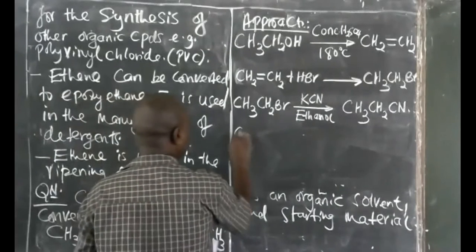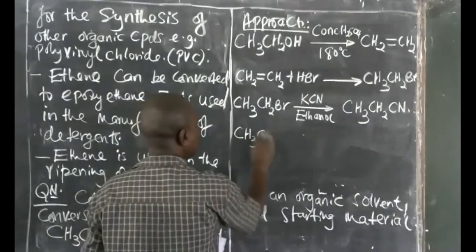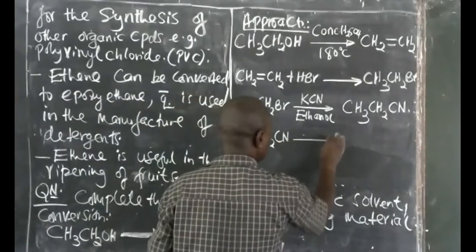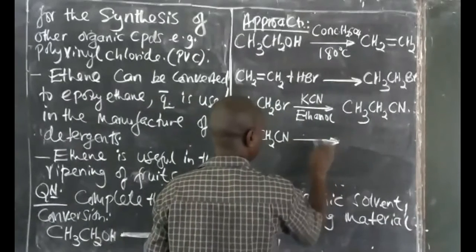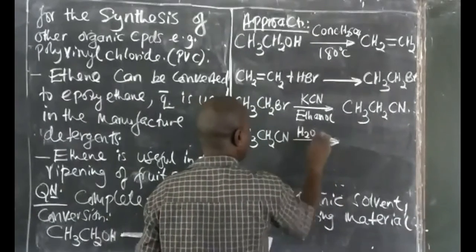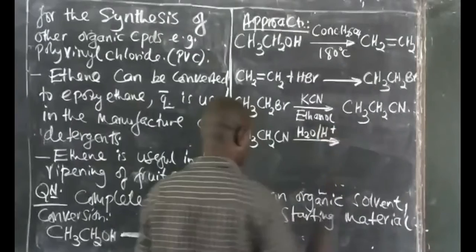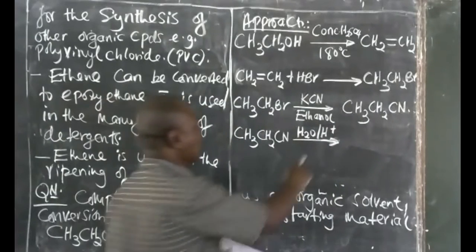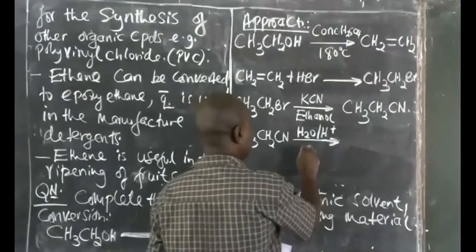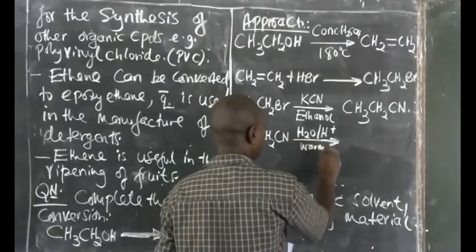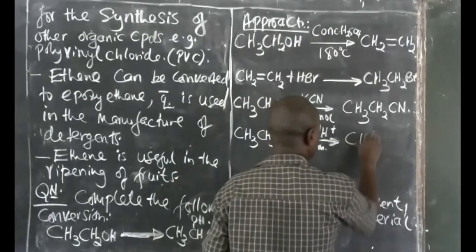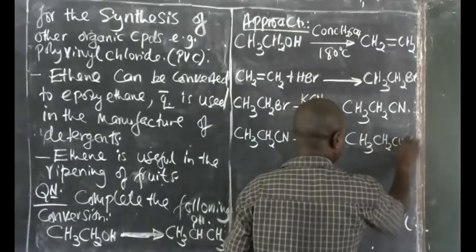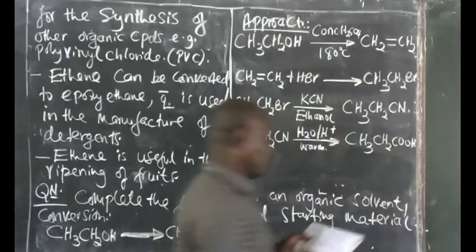So we can now change CH3CH2CN, we add water in the presence of H plus, that's what? Acid. And then you can say warm. We are going to get the carboxylic acid, COOH, propanoic acid.